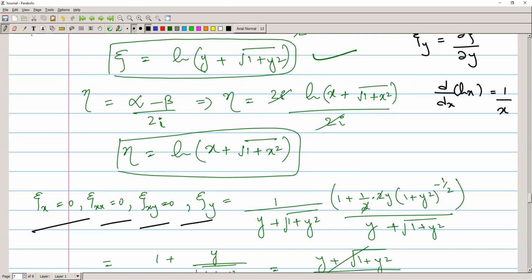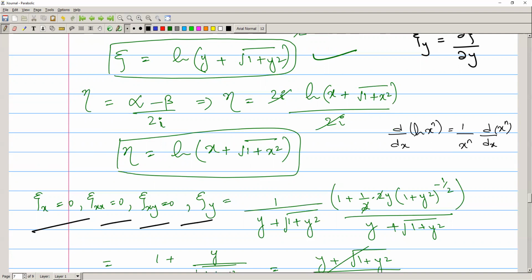Or we can write its general form for better understanding: the derivative of ln of x to the power n equals 1 over x to the power n times the derivative of x to the power n, right?